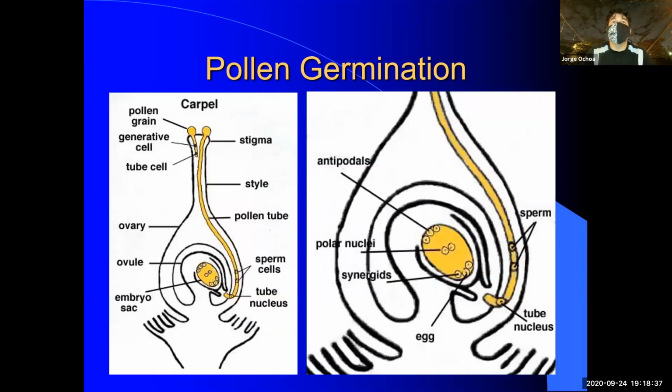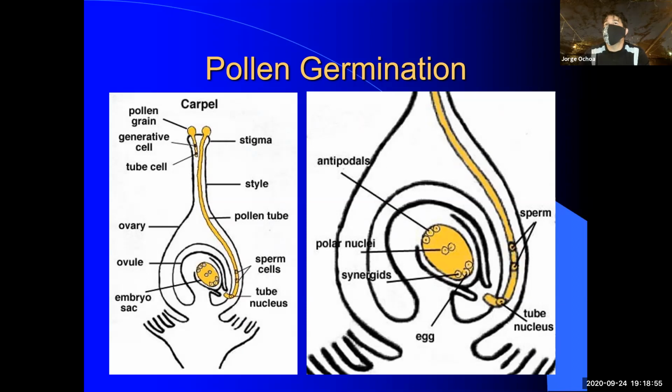So that's going to be cell number one. Behind that first cell that is going to be mining and tunneling, there's going to be two sperm cells that are going to follow. The very first cell that enters the ovary is going to fuse with the egg.